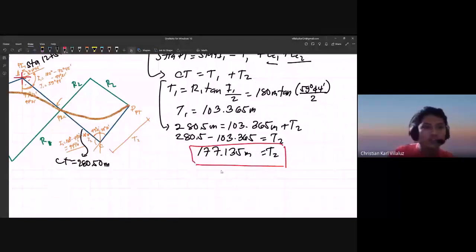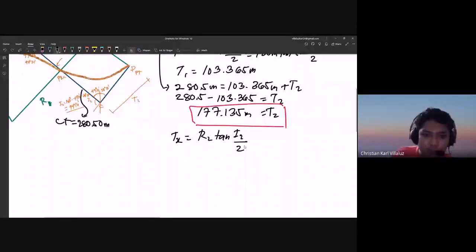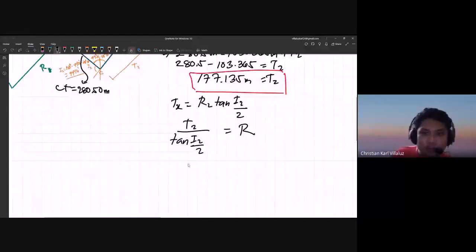So, kung meron na tayong tangent 2, apply again the formula for tangent to determine the radius of the second curve. So, divide both sides by tangent of I2 over 2. We will have T2 over tan of I2 over 2, which equals R. Now, substitute T2, 177.135 over tangent of I2, 94 degrees 16 minutes divided by 2.